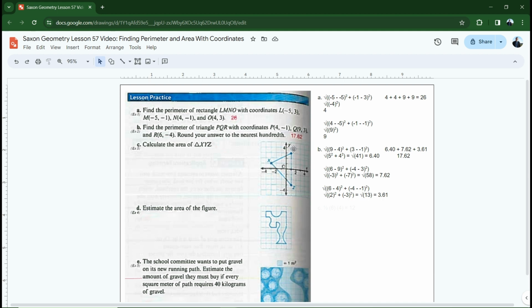So if I use YZ as my base and X to the point right here as my altitude, I can easily do 1/2 the distance YZ times the altitude. If I count 1, 2, 3, 4, 5, 6, YZ is 6 units long. And X is 1, 2, 3, 4 units away, so my altitude is 4. That's going to look like this: 1/2 times the base, 6, times the altitude, 4.